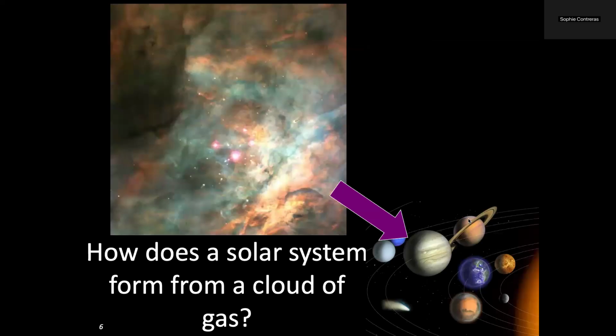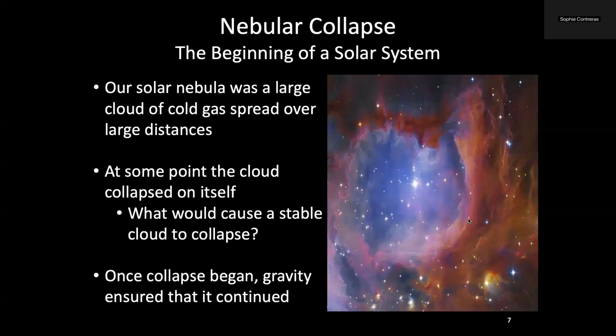So let's go back to this idea about how we get the solar system as a whole. How do you form this from a cloud of gas? How do you go from this beautiful picture to this beautiful picture? And how does this explain a lot of the properties that we've seen so far? So we talked about the collapse of the nebula.